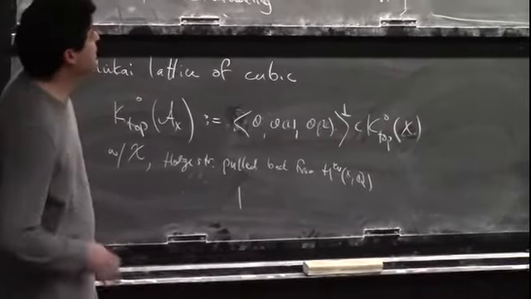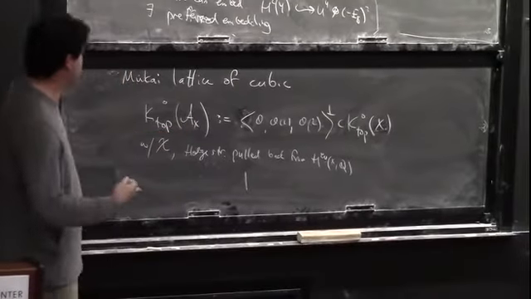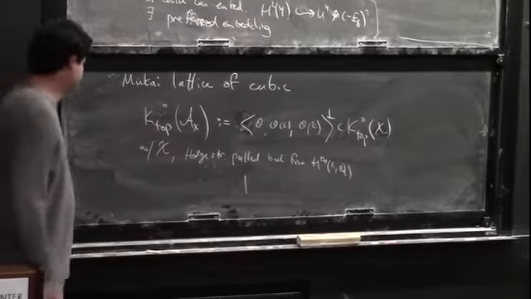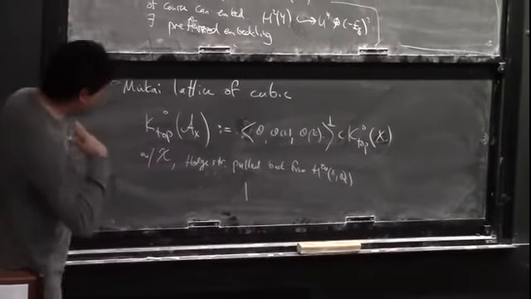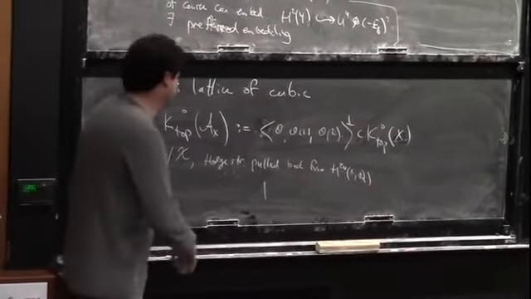And it's easy to show that if A_X is equivalent to a K3 surface, then this is Hodge isometric to the Mukai lattice of the K3 surface.